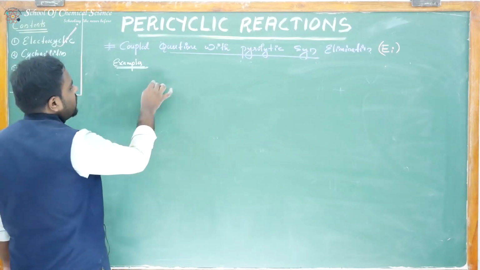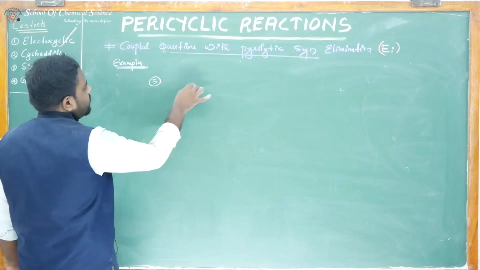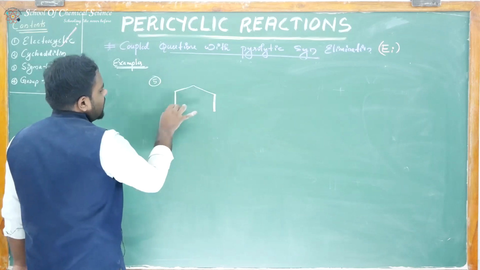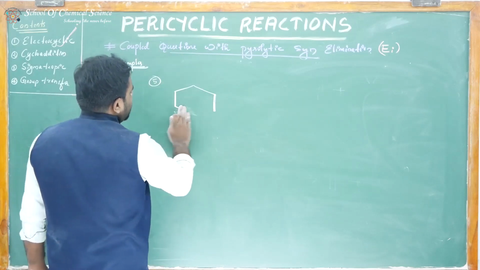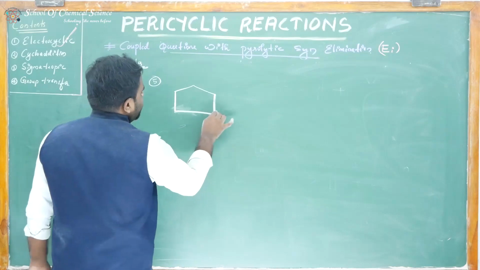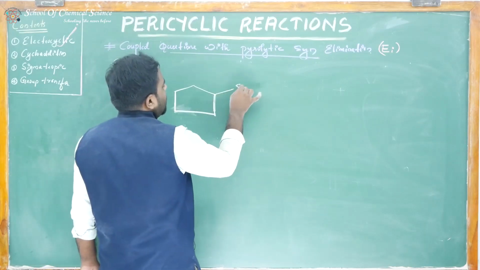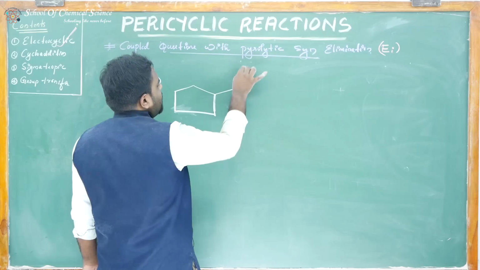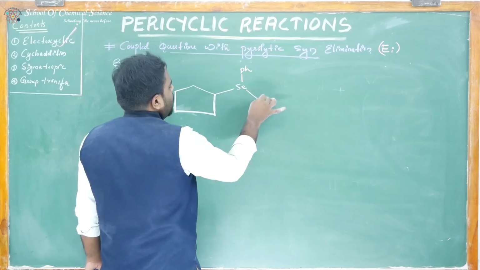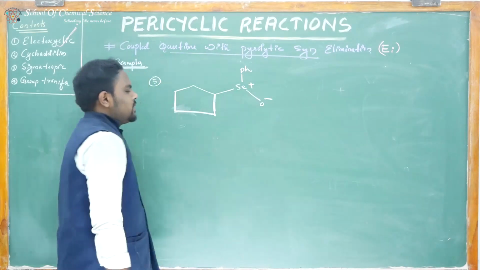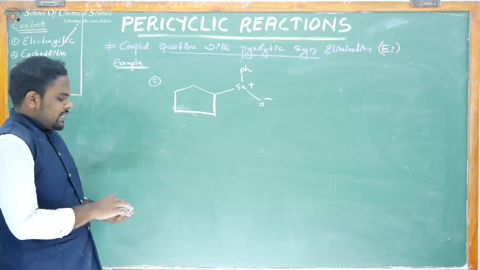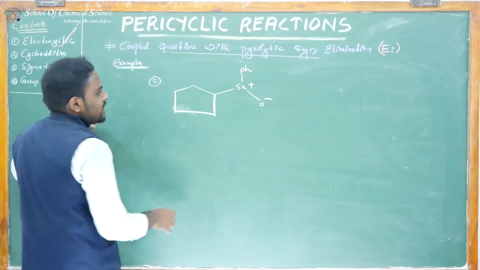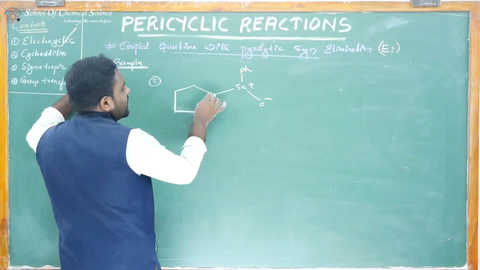Then another example, the fifth one, a ring system. Here SePh, O minus, selenium plus. Okay, so here also selenium oxide. What is the reaction? You have to consider the beta carbon.